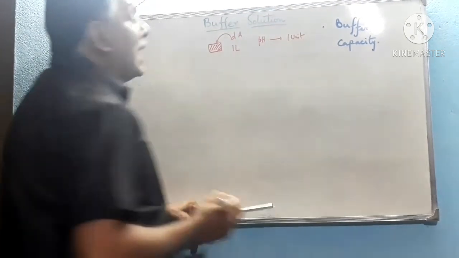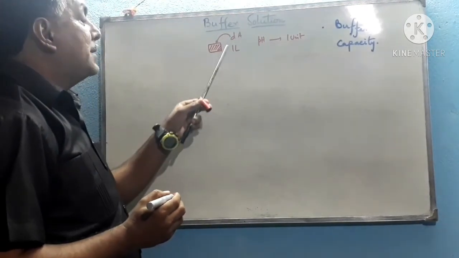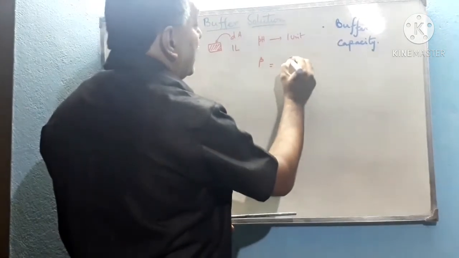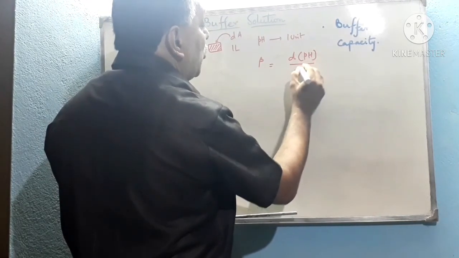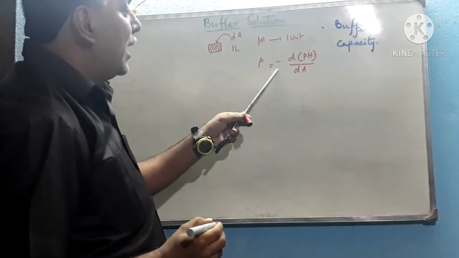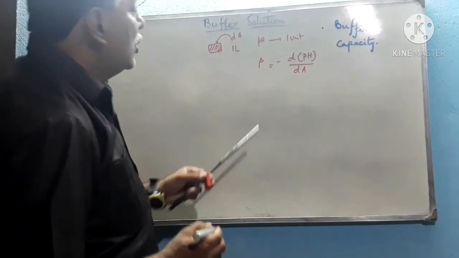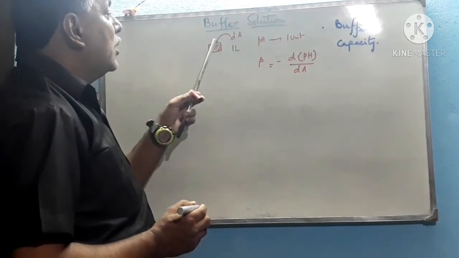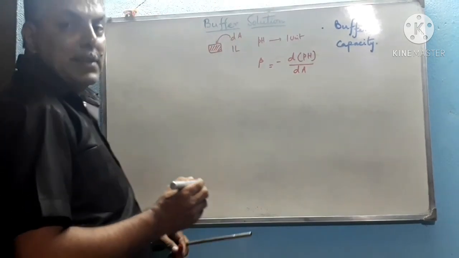So the buffer capacity is equal to d of pH divided by da, with a negative sign, since the change in pH is negative when adding da. The amount of acid required to change the pH by 1 unit in 1 liter of buffer solution is called the buffer capacity of that acidic buffer.